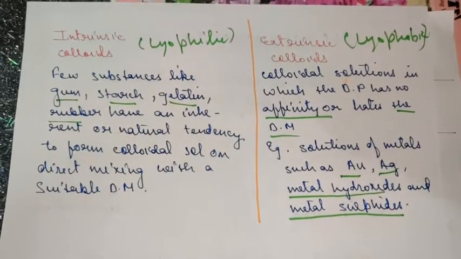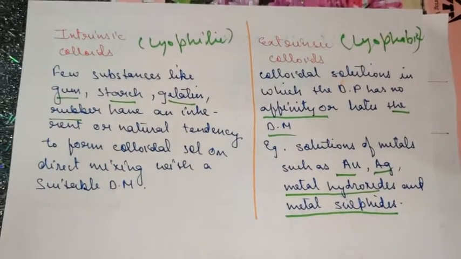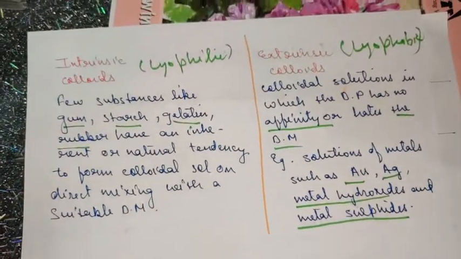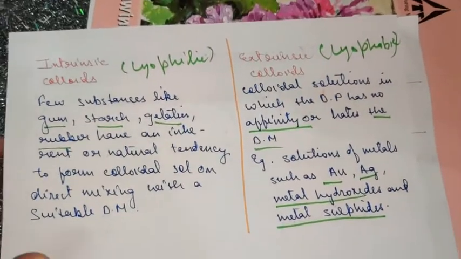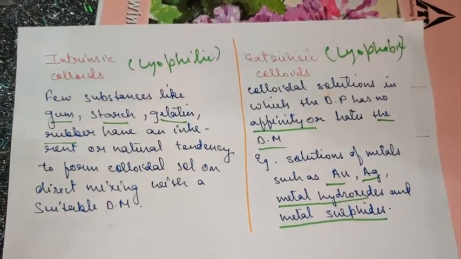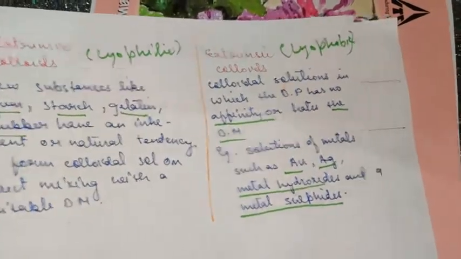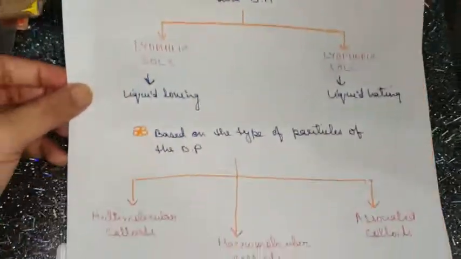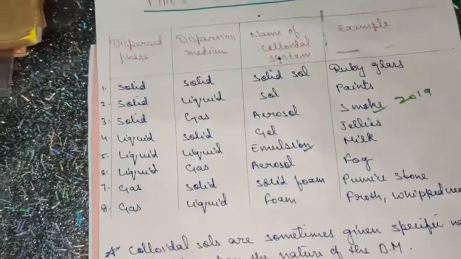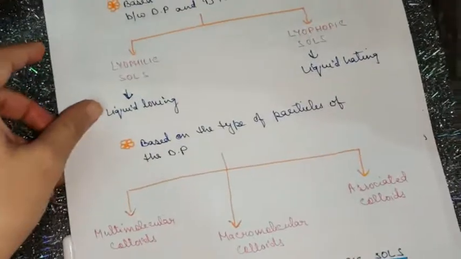Children, these are very important. You get the difference between lyophilic and lyophobic salt in your exam also, and the examples of the two are very important. So please prepare the notes properly and try to remember as many examples as you can in this chapter and the categories and everything, because this chapter is totally theoretical and you have to remember everything the way I am telling you.